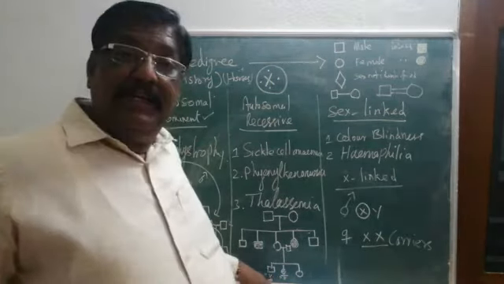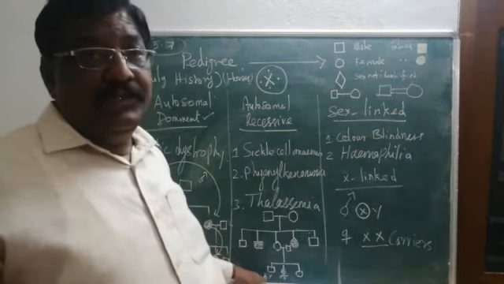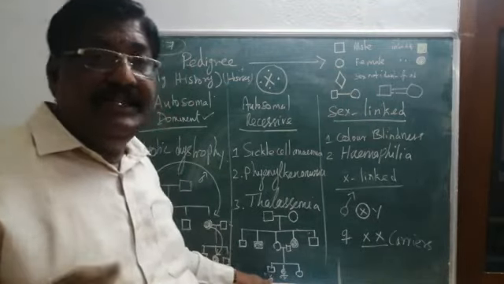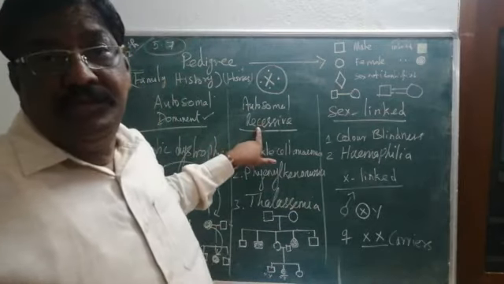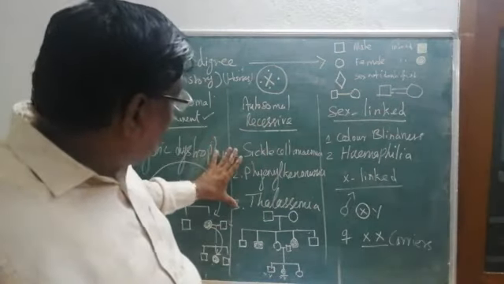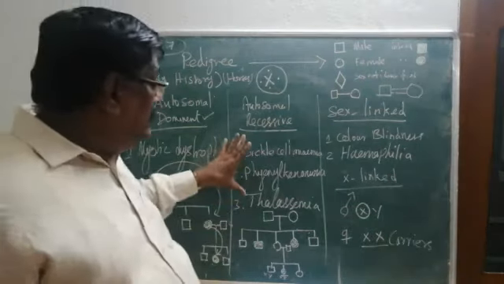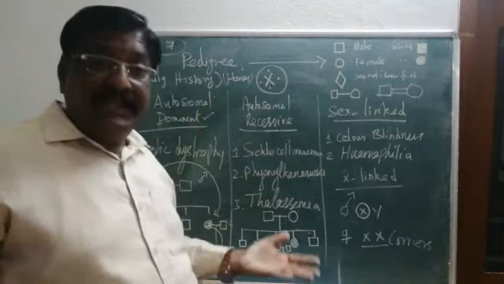Whenever there is a new dominant gene, it is not expressed. So that means the Y is dominant here. Wherever Y is not there, it is recessive. That is why it is expressed. That is why it is called autosomal recessive. All these 3 types: sickle cell anemia, phenylketonuria, thalassemia. These 3 diseases I am going to explain in my next video.